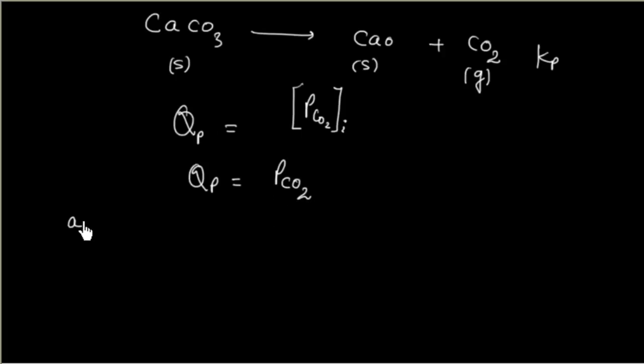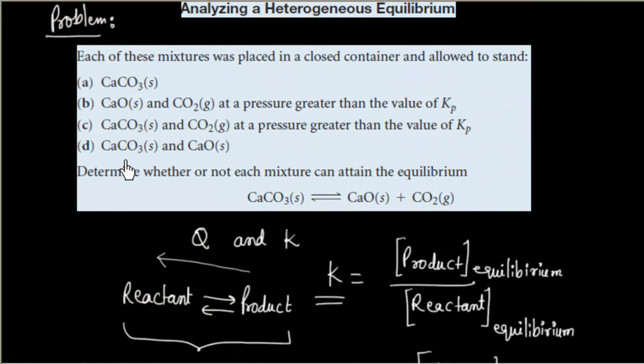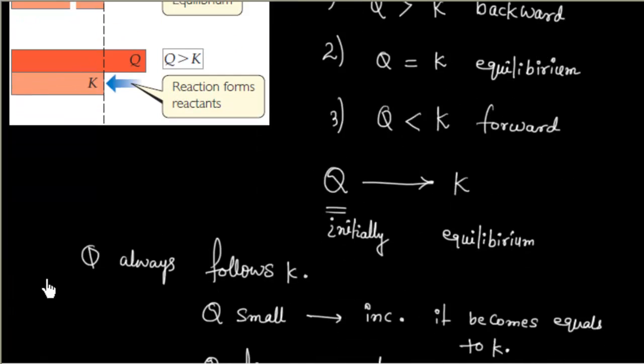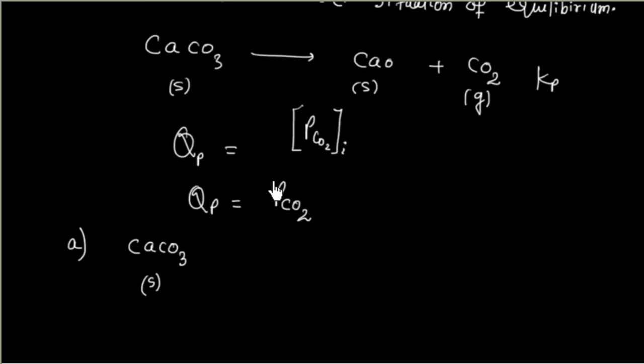Now let us discuss case A. In this case we have only CaCO3 solid. My vessel contains CaCO3 solid. That is, there is no partial pressure of CO2. So this means Qp is basically 0 and Kp has some value. So I can say Qp is less than Kp.